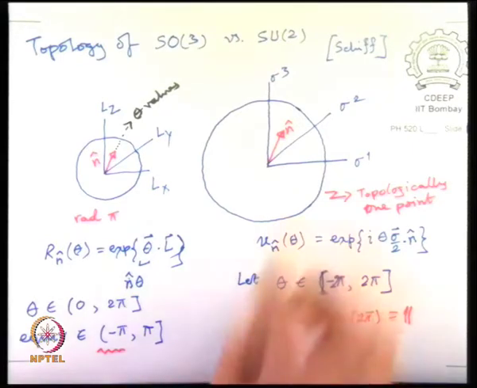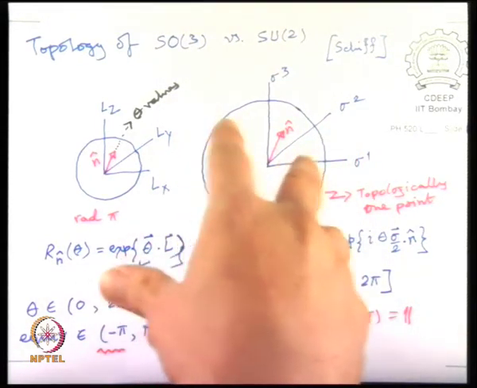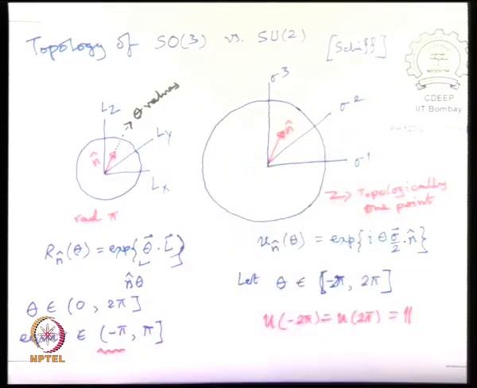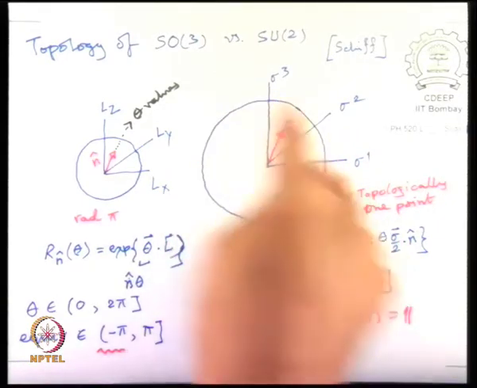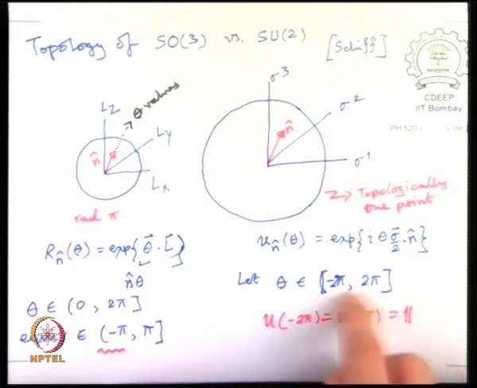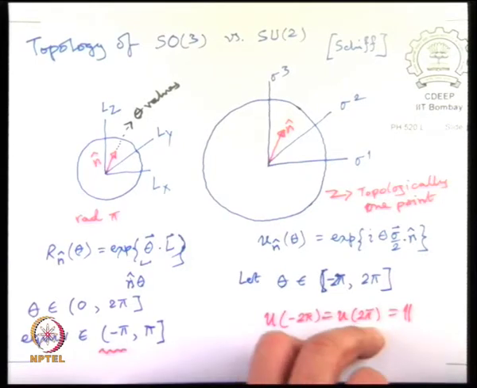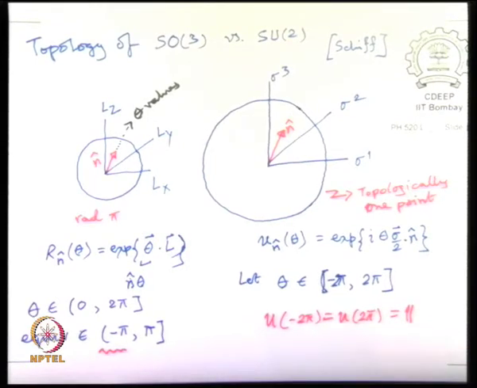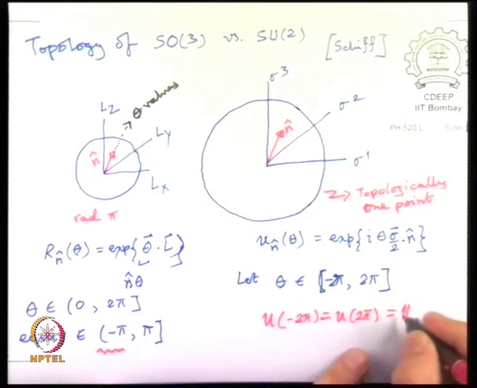It is just a limitation of our visualization in 3D, in fact drawing it on 2D, that we think of these as distinct points, but mathematically they become just one point. In the group sense, they are one and the same object. They are the same point, the same element of the group, minus the identity.